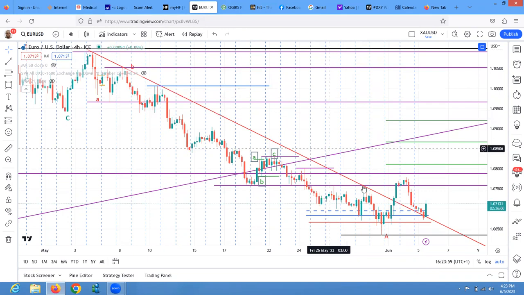So we should see that as a potential A, B, and a C to the upside. If this one had given us an A, and this is seen as a B, I expect this B part to be a three wave.